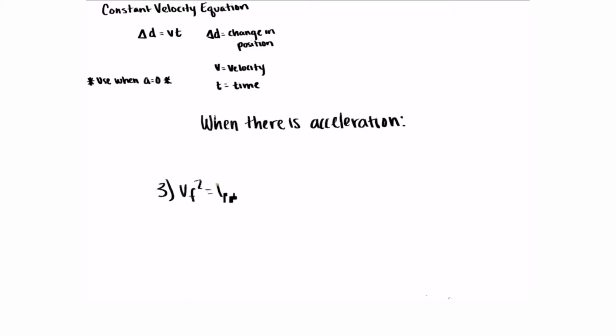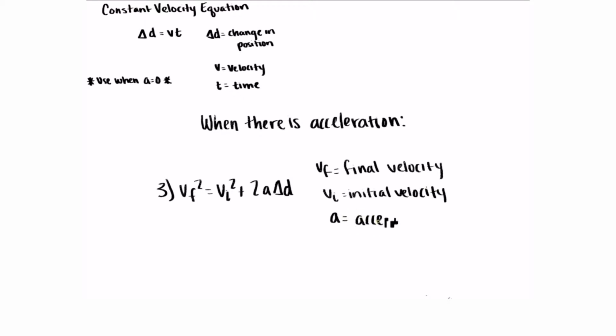Vf squared is equal to Vi squared plus 2a delta d, where Vf is final velocity, Vi is initial velocity, a is acceleration, and delta d is change in position. Great! Now we've got the important equations.